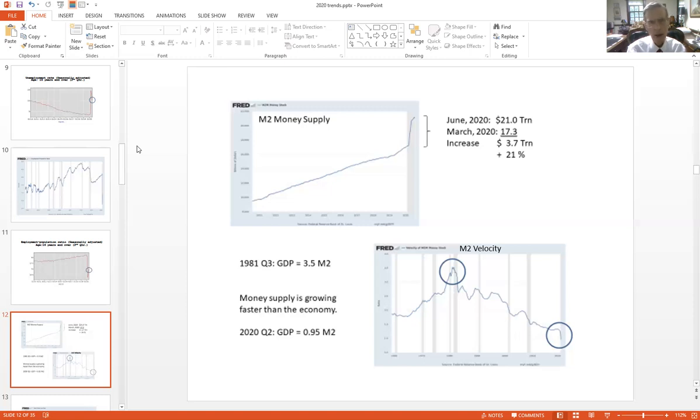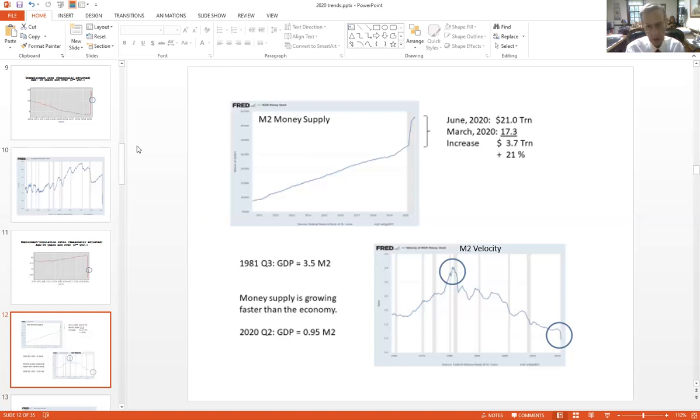So, supply and demand. What do you think the price of money, just like soybeans or any other commodity, will do if there's a lot more of it, and in fact less economic activity to make use of it? Maybe it's not quite as valuable. Maybe the price of money will go down.